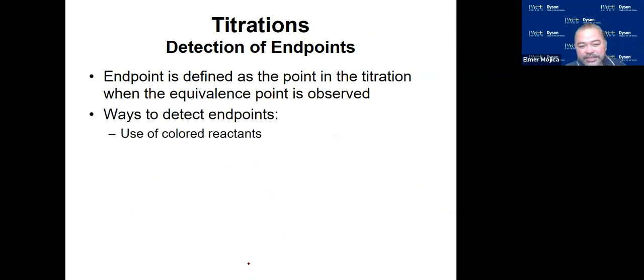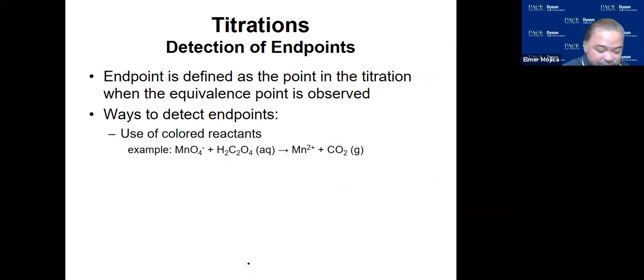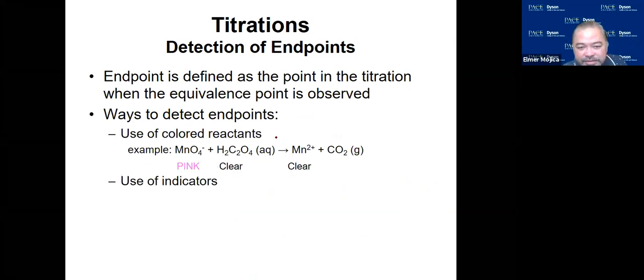So ways to detect the endpoint, as I've told you, Brian told us, are the use of colored reactants or the formation of colors. But there are some wherein you don't need an indicator, because the next one that we have there is the indicator. So when we have a colored reactant, we can call it a self-indicator.